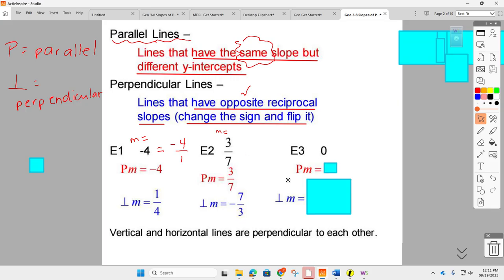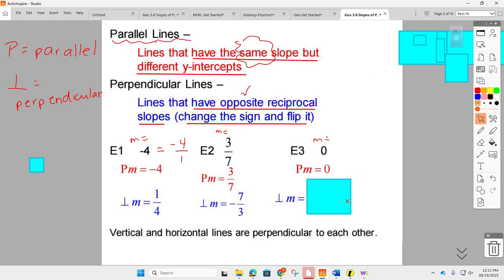So the last example is a little bit of a trick question. If the slope of the line we're referring to is 0, what is the slope of a line that's parallel to it? 0. That's the same, right? This is the tricky part.